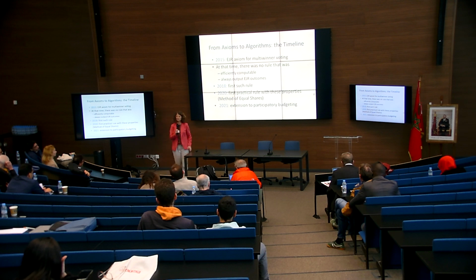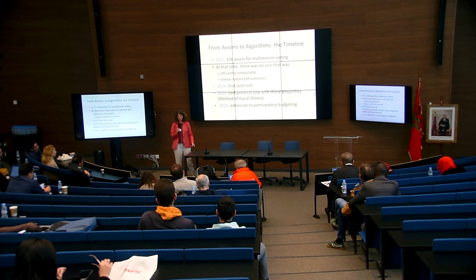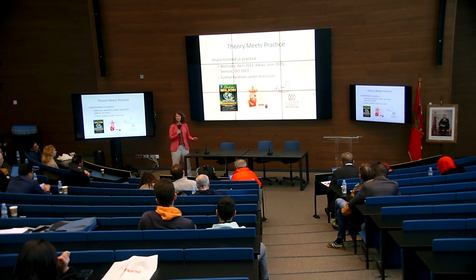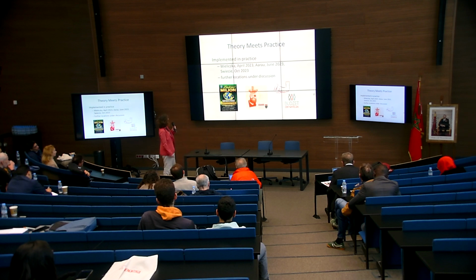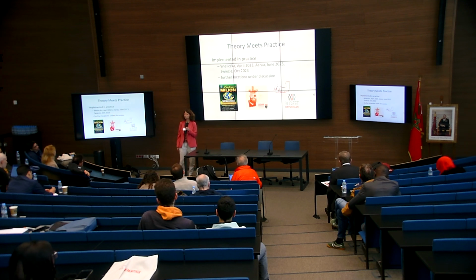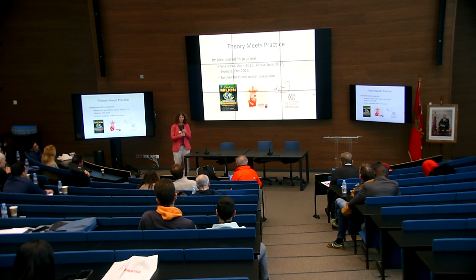It took another year to extend it from multi-winner voting to participatory budgeting, and it took 2 more years. If you think about it, that's 8 years from the axiom to practical implementation. It took 2 more years to implement that method in practice. And now there are places around the world where this idea that starts from a very theoretical perspective on voting gets implemented.